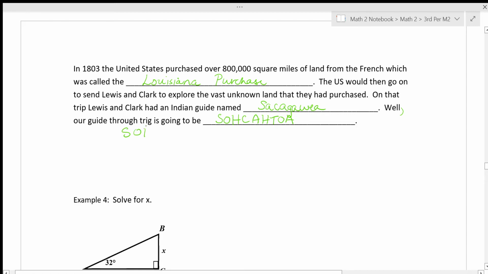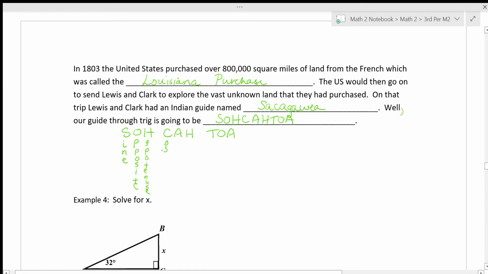SOHCAHTOA stands for sine, which is opposite over hypotenuse. See where this is going?